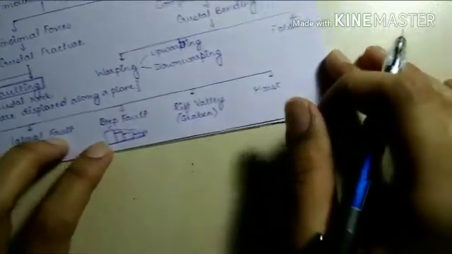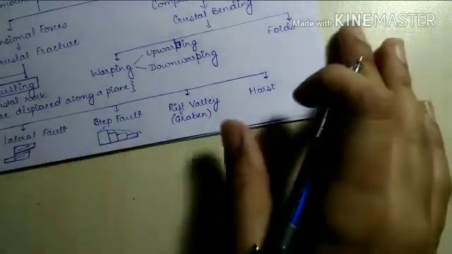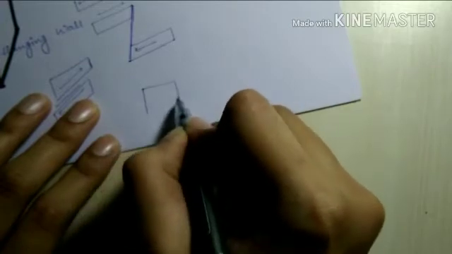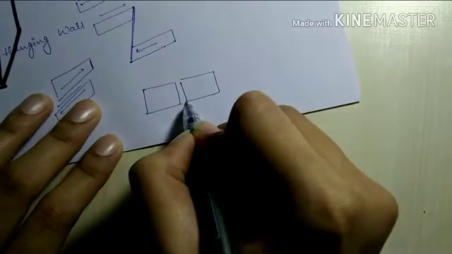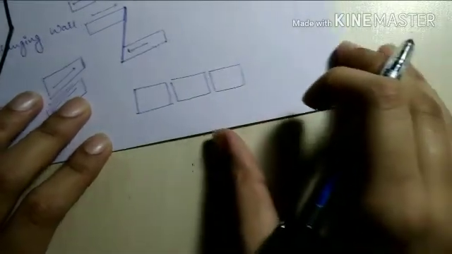Next is rift valley. It is also commonly known as graben. So in graben, what happens? Consider there are three blocks, three fractured blocks, okay. So in rift valley, what happens?